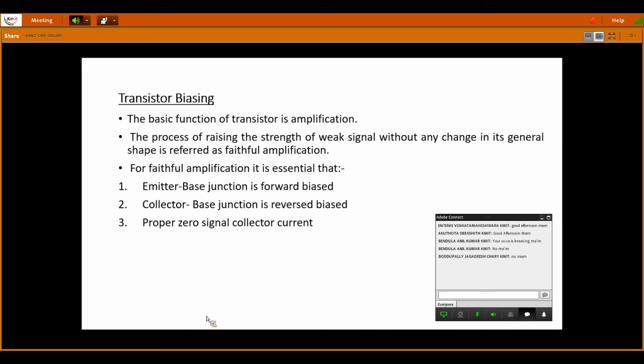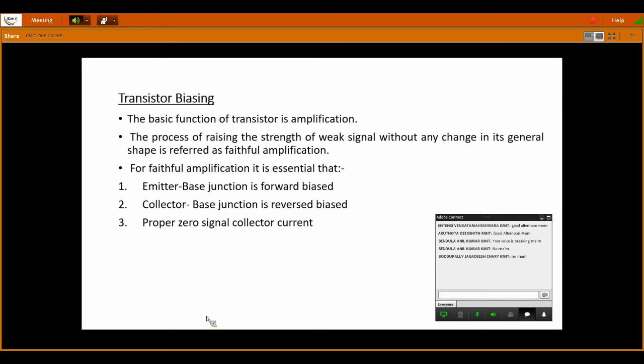For faithful amplification, these are the three criteria which we require. The first is that the emitter-base junction is forward biased. The second is that the collector-base junction must be reverse biased. And the third is the proper zero signal collector current.